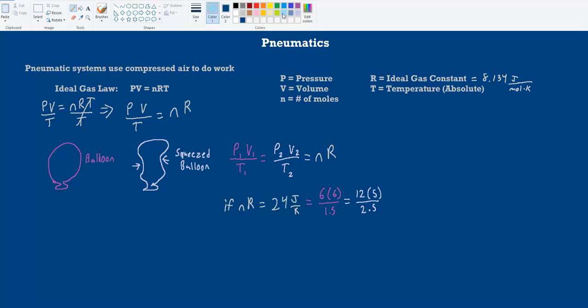And if I were to create a third system where I squeezed the balloon even more, so the pressure went all the way up to 24, and let's say the volume decreased to 3. Well, then I would have to divide by 3 to cancel that out to get a final value of 24 once again. And so let's go ahead and label each one of these actually. So the unsqueezed balloon is scenario 1, we'll say.